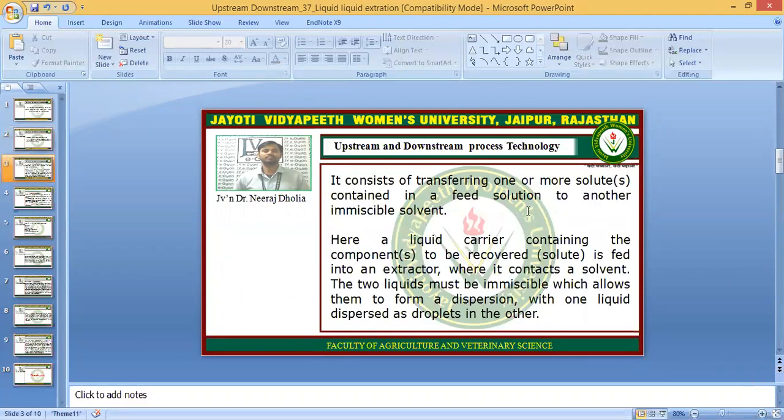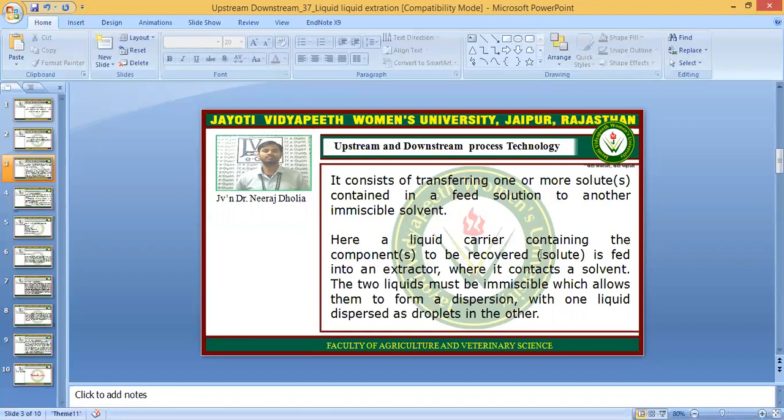It consists of transferring one or more solutes contained in a feed solution to another immiscible solvent. So here we extract compounds, and the compound is already present in a solution that is known as the feed solution. Feed solution means the solution which carries your compound, and we use another solution which is used to extract out these compounds from the feed solution.